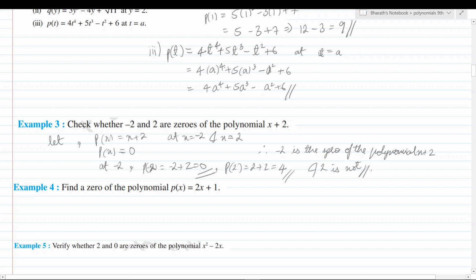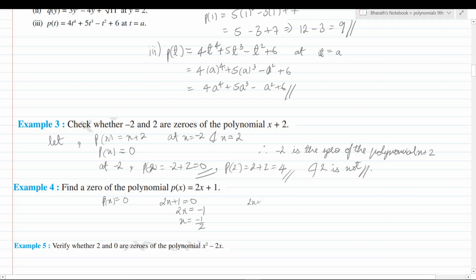Now the fourth example, find a zero of a polynomial p of x is equal to 2x plus 1. Here it's simple, we need to find the zero of the polynomial, so just substitute p of x is equal to 0. What is p of x value? 2x plus 1 is equal to 0. We know the transfer and divide and multiply rule, so 2x is equal to minus 1 and x is equal to minus 1 by 2. How did it come here?